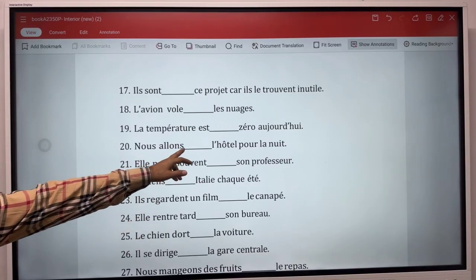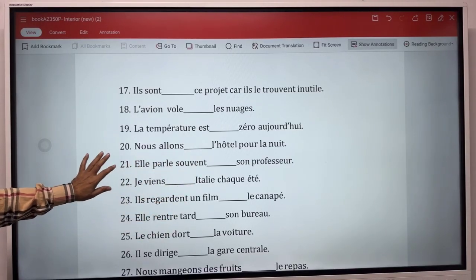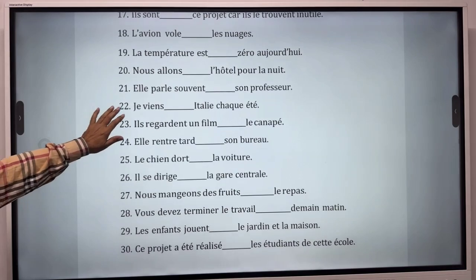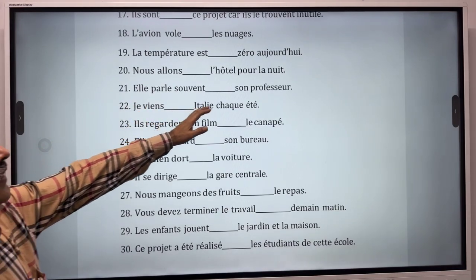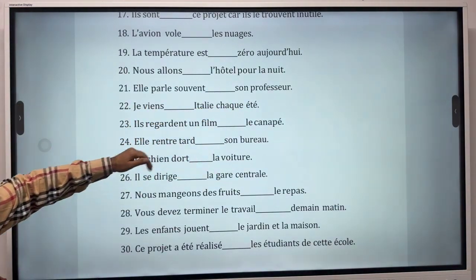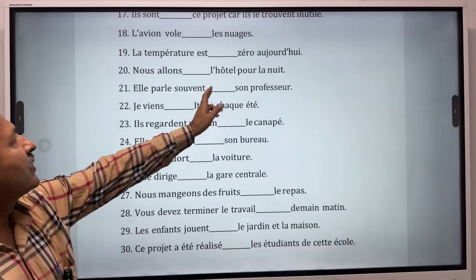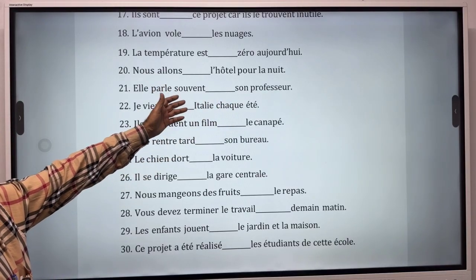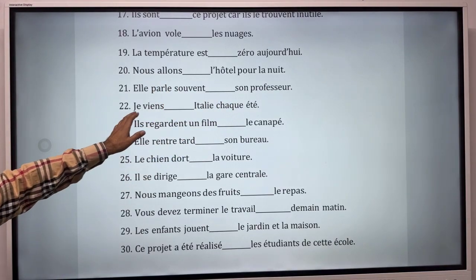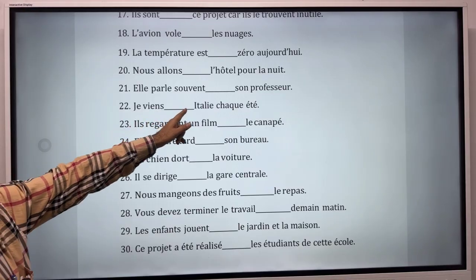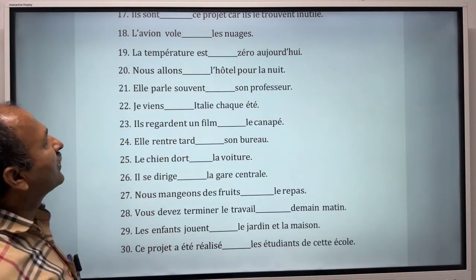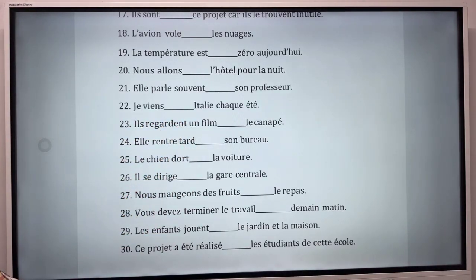Nous allons à l'hôtel pour la nuit. Elle parle souvent avec son professeur. Or, de son professeur, she speaks often about his teacher. Je viens d'Italie, d'apostrophe, chaque été.